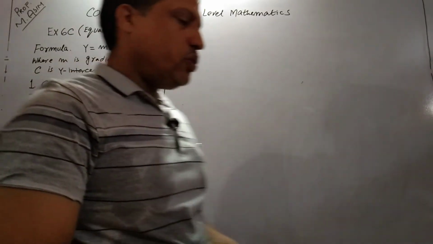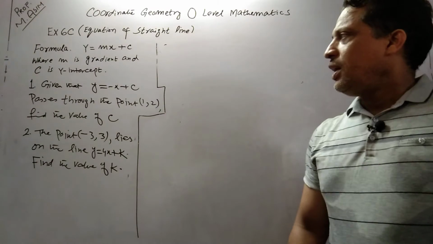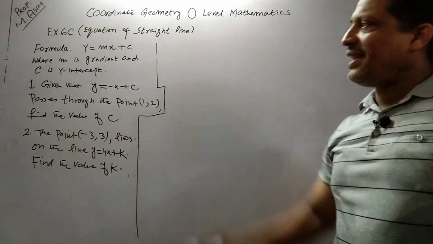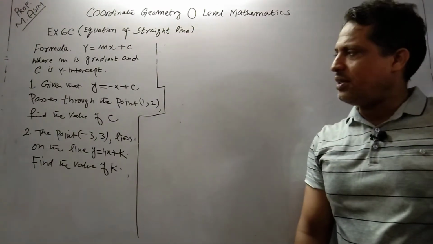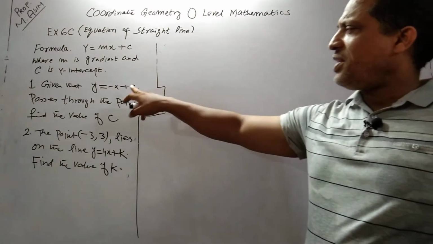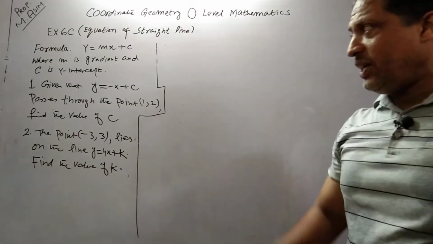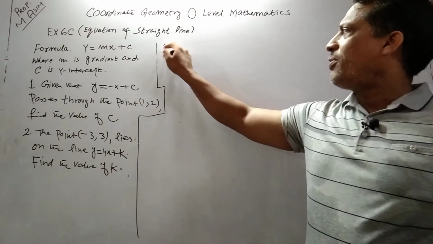These are two questions which I never did at the start of the exercise, because I thought that if I started the exercise from these questions, maybe you would not understand, but you can fully understand right now.